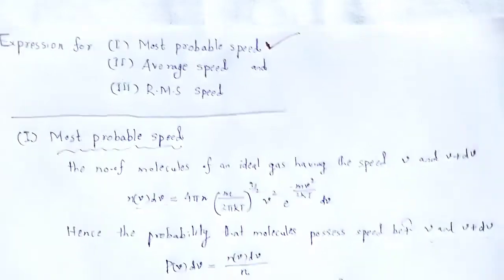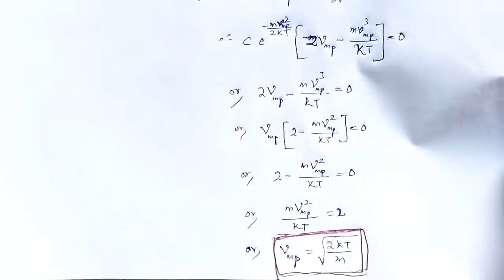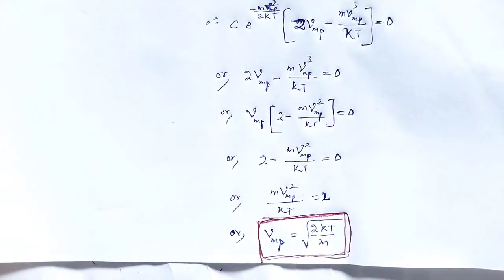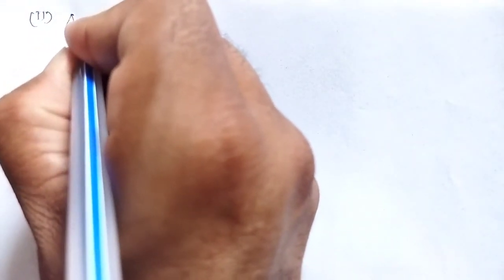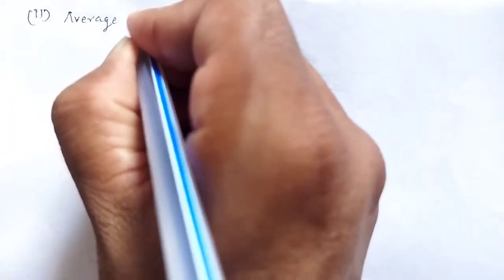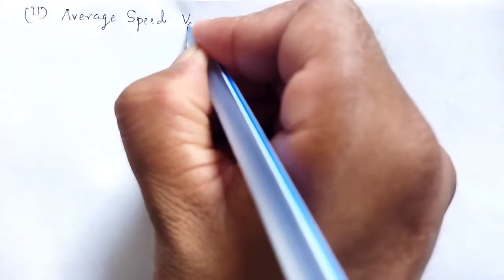Now the second one, the average speed, that is v average.